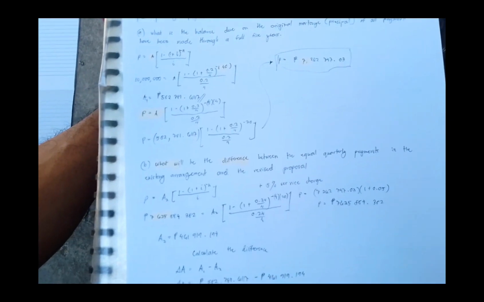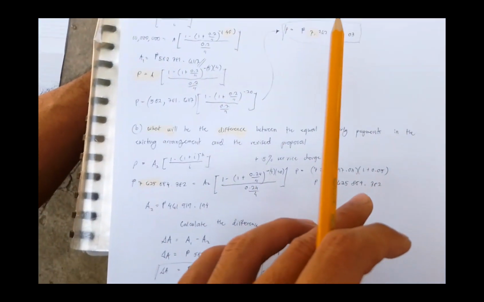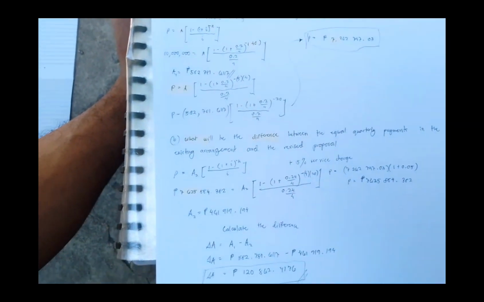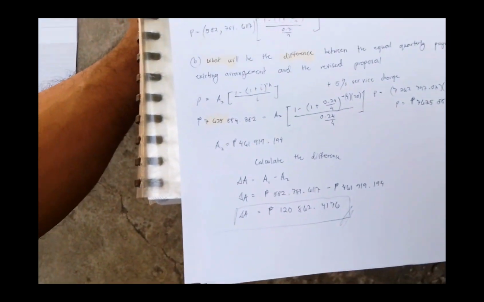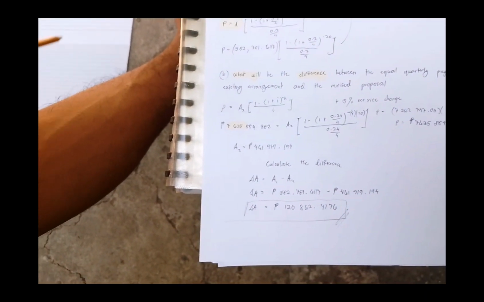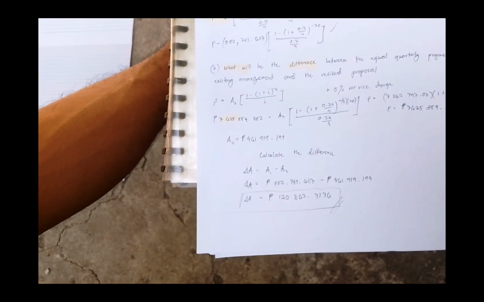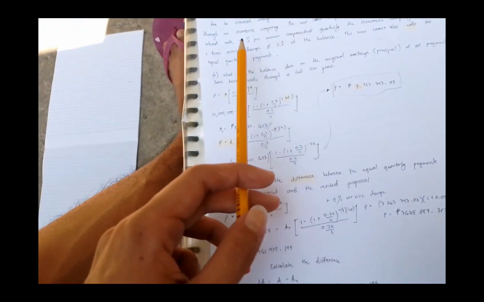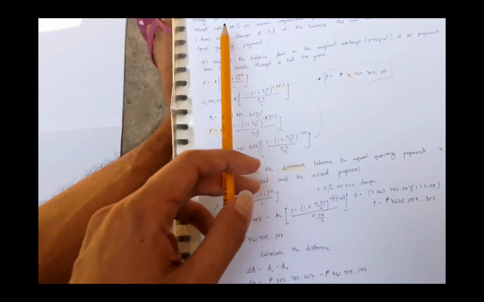We multiply the balance after 5 years by 1 plus 0.05 for the service charge of 5%. Now for A2, we compute the annual payment of the revised proposal. We do not denote it as A1 again since the nominal rates differ: the first is 20% while the revised is 24%.